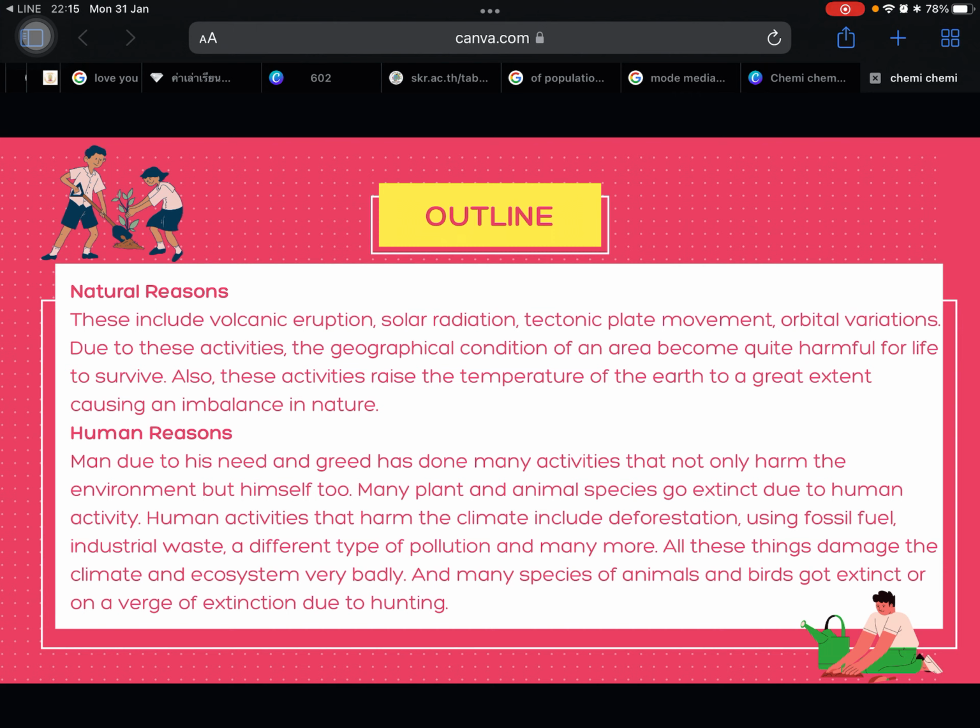Human activities that harm the climate include deforestation, using fossil fuel, industrial waste, different types of pollution, and many more. All these things damage the climate and ecosystem very badly, and many species of animals and birds have gone extinct or are on the verge of extinction due to hunting.